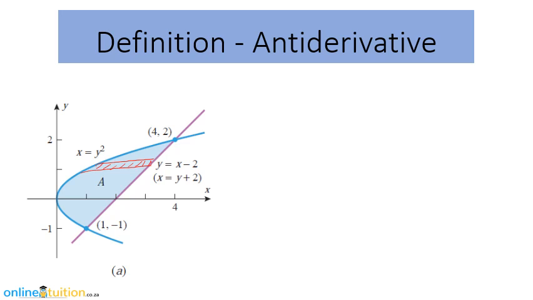So we want to use that general formula in this case, say from c to d, and it'll be the function on the right minus the function on the left, not dx but dy. So we need to write this as a function of y, which we've already done there, and next is y plus 2.